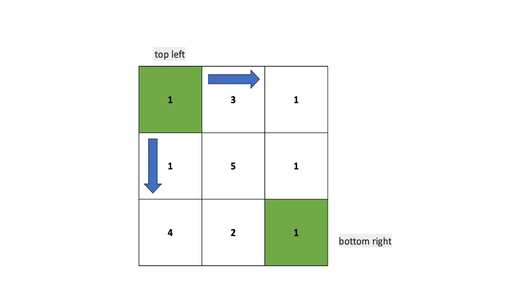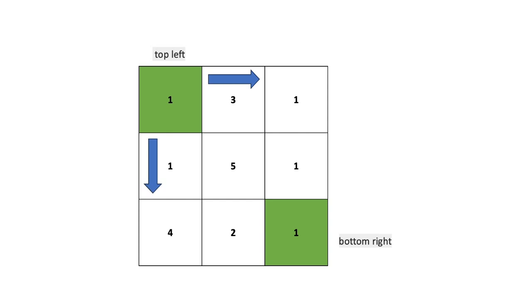Let's take an example of this 3 cross 3 grid. In this grid, we have 1 as the top left element and 1 as the bottom right element. We have to find a path from top left to bottom right with minimum path sum. In order to traverse, we can either move to right or down.